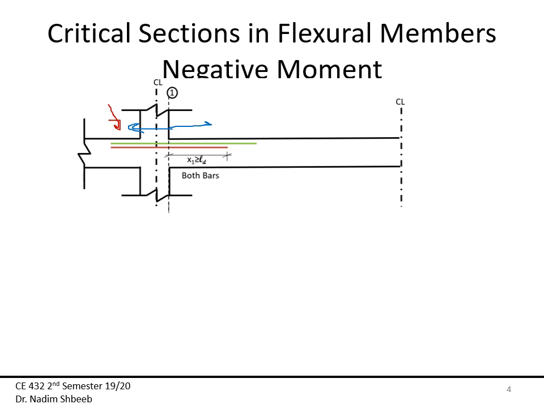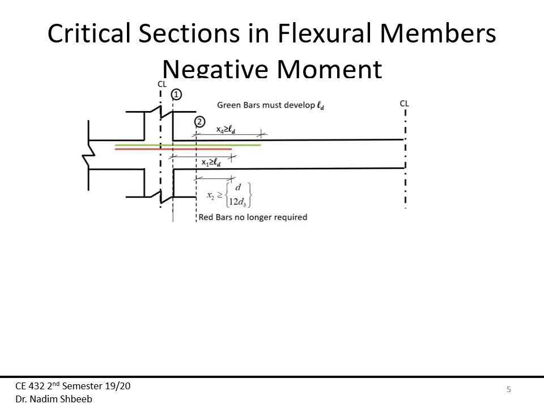So development at point 1 needs to be in both directions. For that, this distance, which I'm going to call x1, has to be larger than Ld. So for the negative moment, I need both of these bars to have the development length. So this is the easy part. Now, what happens at section 2?